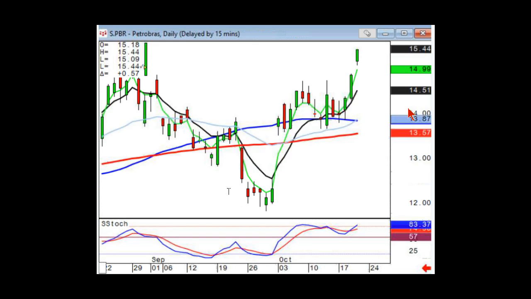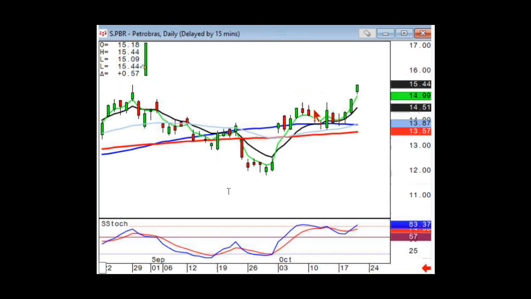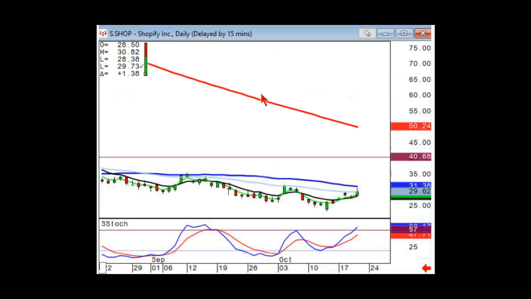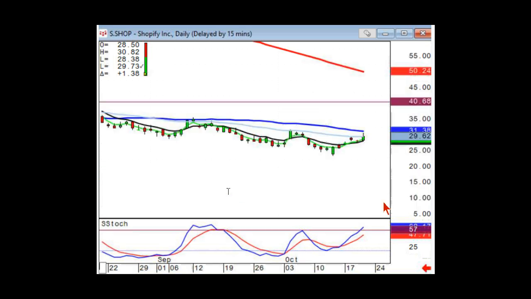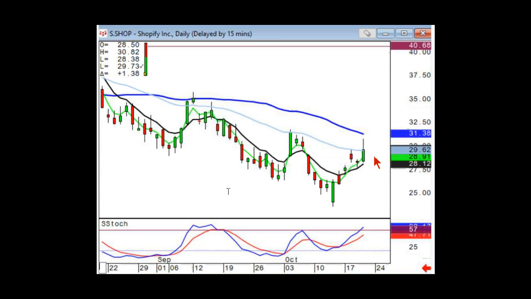PBR, just stay long. That's a good J-hook pattern gap up. Let's see, Shopify. Closed at 29.15, so it's down a little bit after hours. So stay long as it stays above the T line.